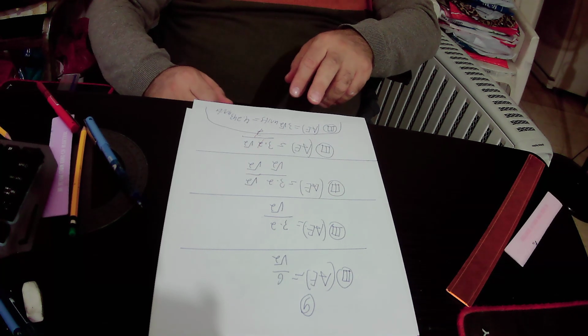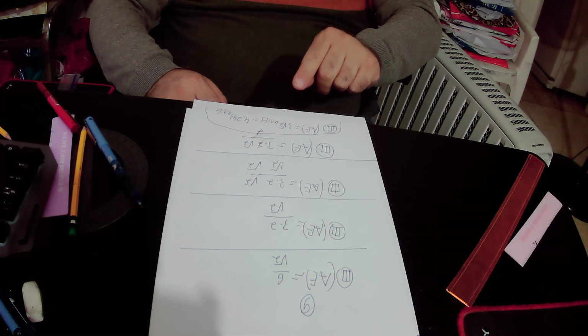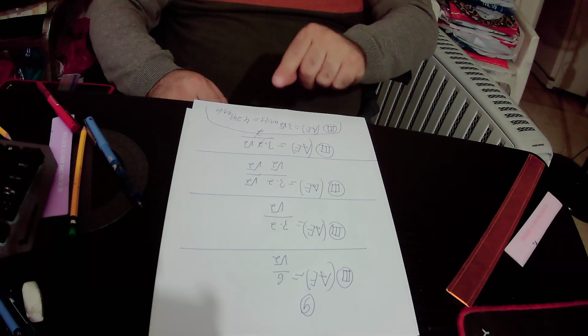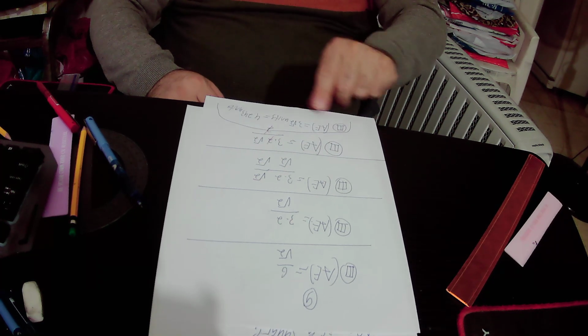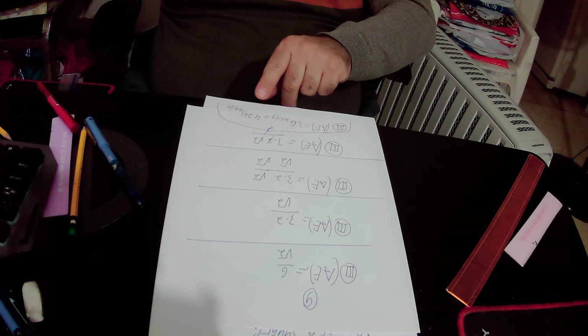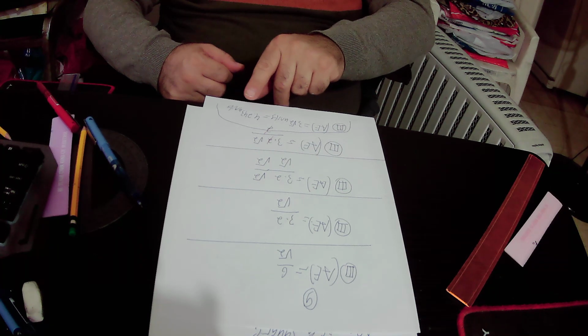And we are left with the final answer for the value of line segment AE. AE equals 3 times square root of 2 units, or in terms of numbers, AE equals 4.243 units.